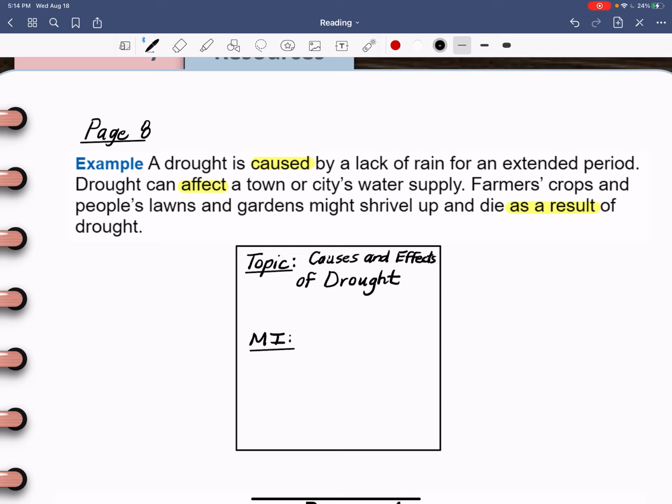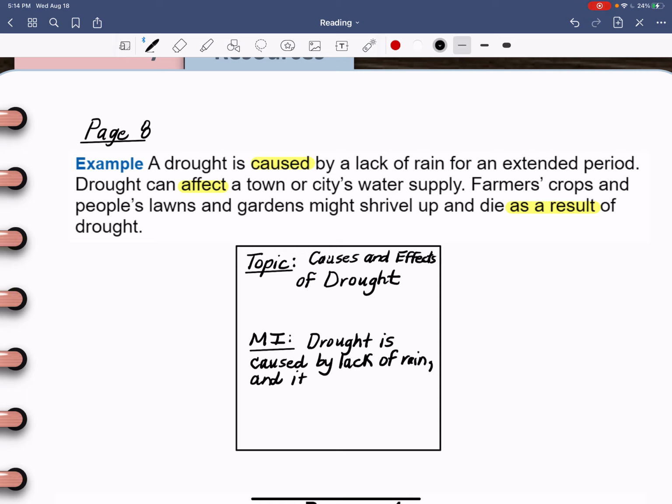Now remember, my main idea comes from the topic, so I need to talk about both the causes and the effects of drought. So I'm going to say that drought is caused by lack of rain. And this needs to be one sentence, so I don't want to put a period after rain. I'm going to put a comma and a conjunction.